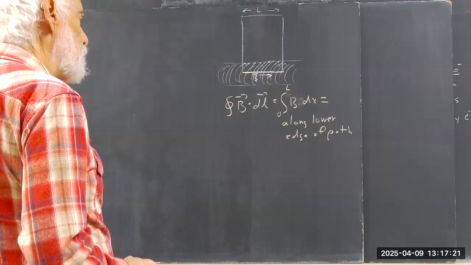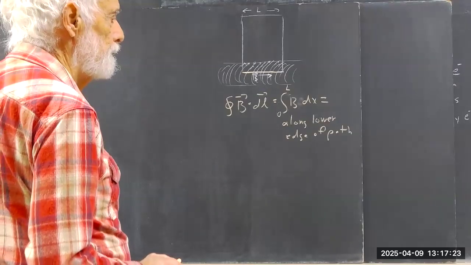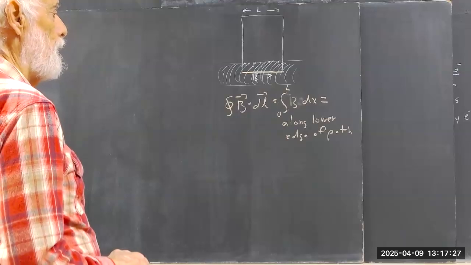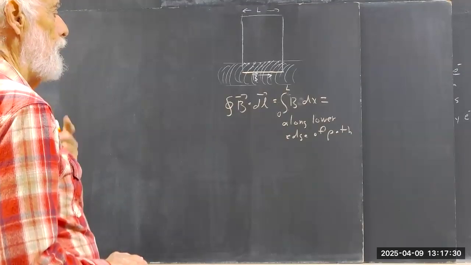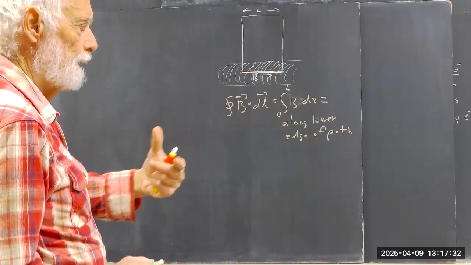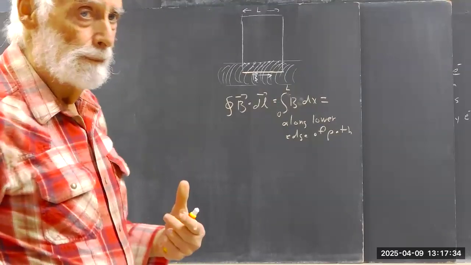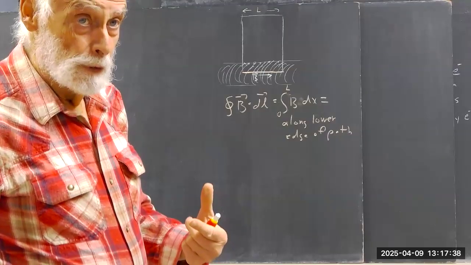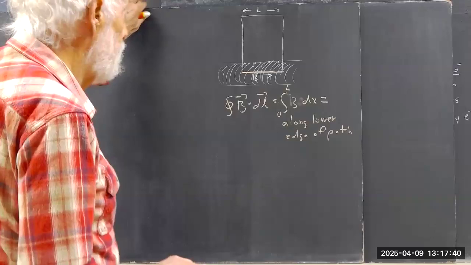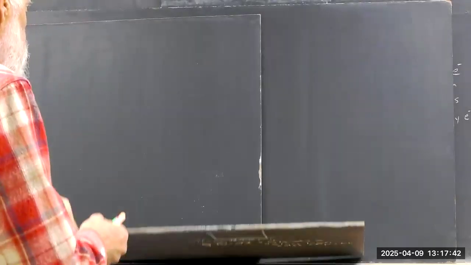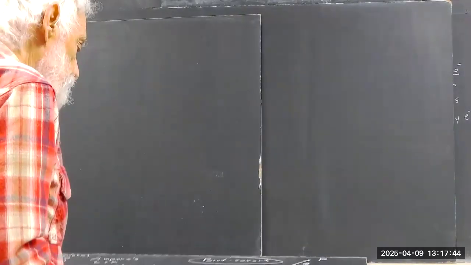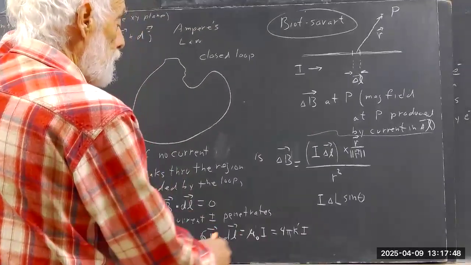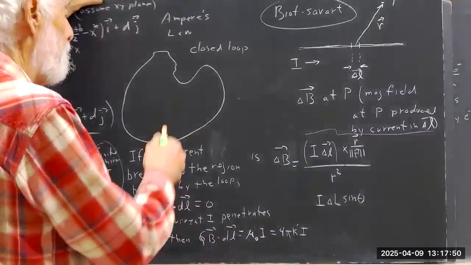And that's going to equal mu naught times I, or 4 pi k prime times I. Okay. And that's Ampere's law, right?